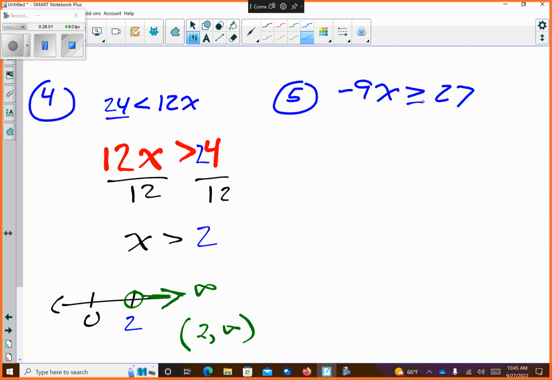Mathematician. Is this correct? No. You want to put it on the number line and do interval notation? Is this correct? No. And make sure it's interval notation.